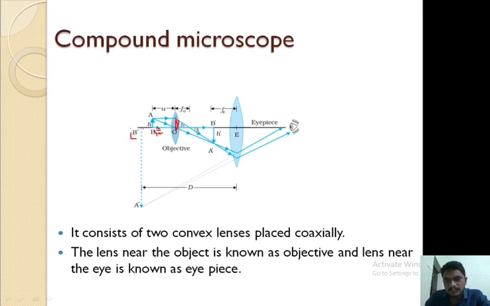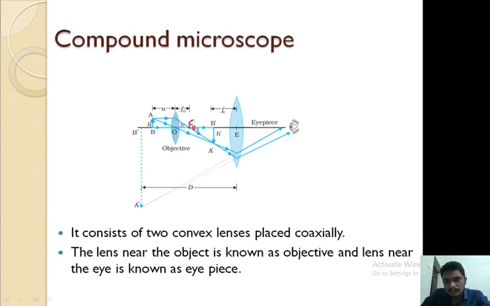Here I will represent this point with O dash. I will take one right angle triangle here, O dash and F. This is F naught. Why? Because the parallel ray of light, after refraction from the lens, comes to focus at a point. That is the focus. This is F naught.